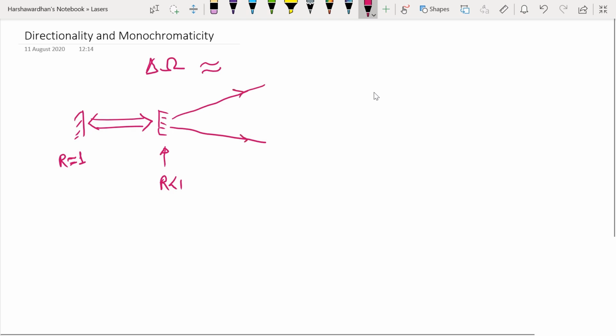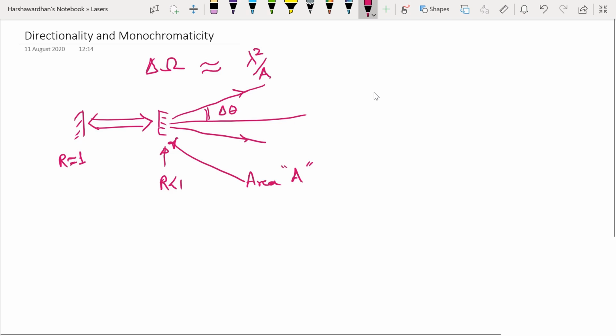So you see that there is a sense of angular size. There's a finite angle with which the light actually comes out. So in a plane, this angle is delta theta. And if you look at a solid angle, which is a conical output that you're getting, that solid angle actually goes like lambda square by A, where A is the area of the mirror, the aperture through which light is coming out.